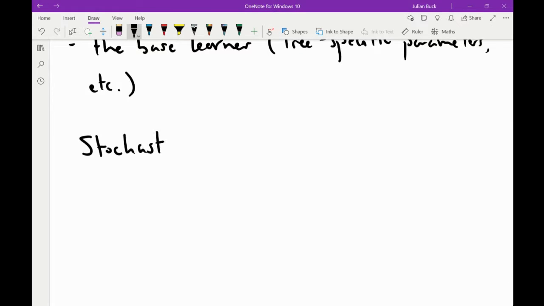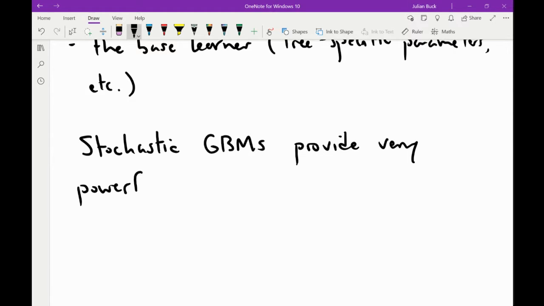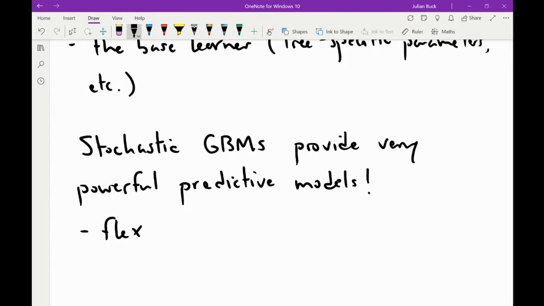So stochastic gradient boosting machines provide very powerful predictive models. They're flexible, so they can handle lots of different kinds of problems. They're accurate.